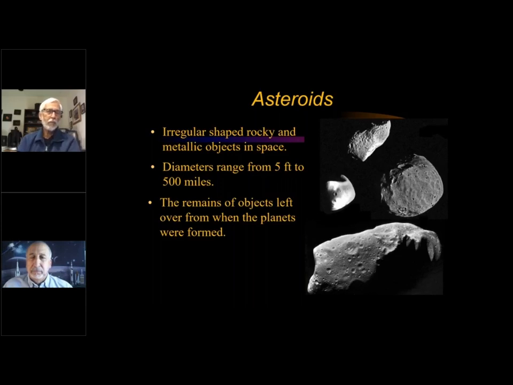The S-type stands for stony. They have very little clay and a lot more rocks, and they will have some instances of metals as well, mostly iron and nickel. So S-type or stony asteroids are about 20% of the population of asteroids.